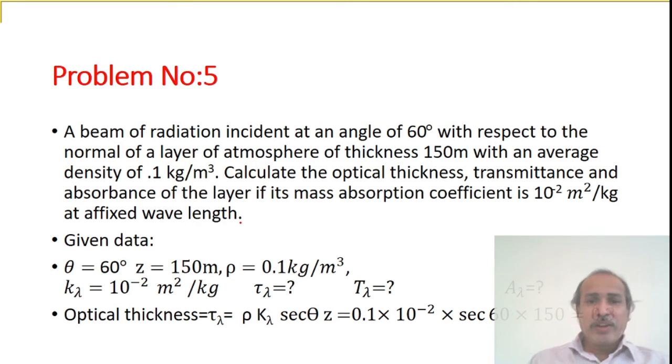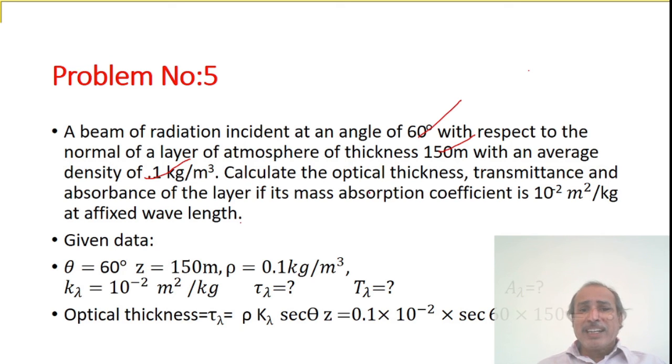So let's read the problem. A beam of radiation incident at an angle of 60 degree. Angle of incidence is given here, that is 60 degree, with respect to the normal of a layer of atmosphere. The thickness of the atmosphere is given here, dz, that is 150 meter, with an average density of 0.1 kg per meter cube.